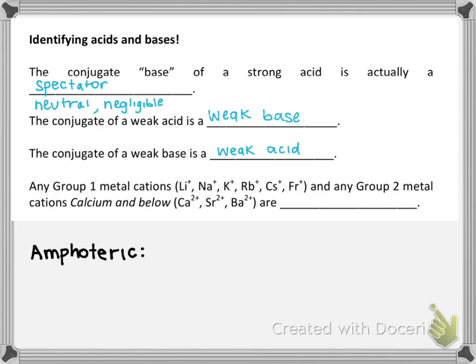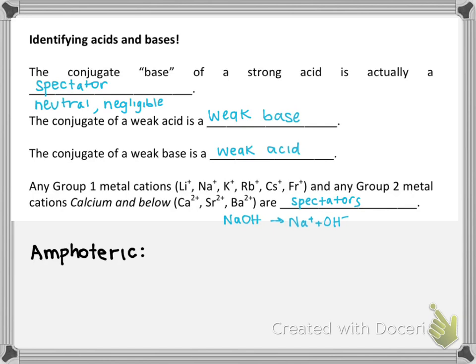So any group 1 metal cations and the group 2 metal cations below are going to be spectators, because if we were to pair them with hydroxide, like NaOH, we would have a strong base. So the sodium ion that it would dissociate into is going to be a negligible acid, or spectator, or neutral.